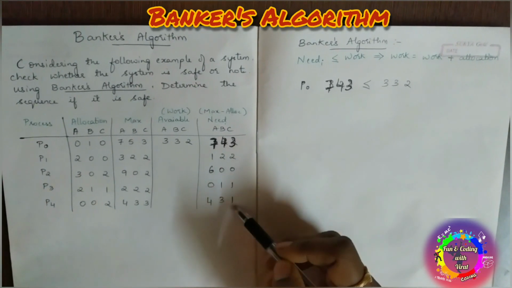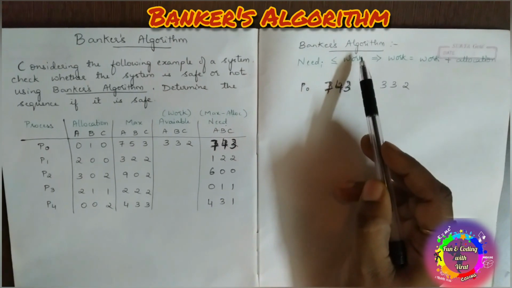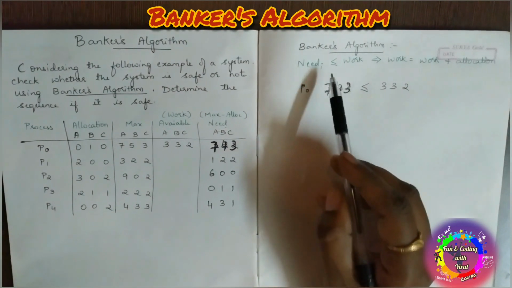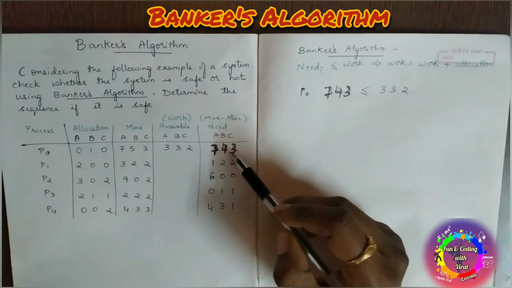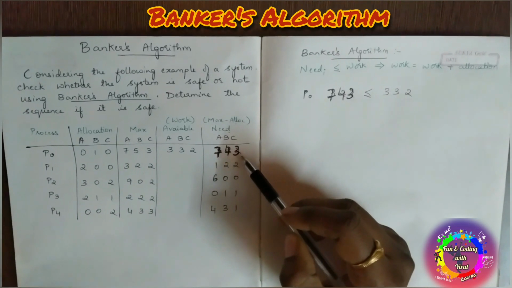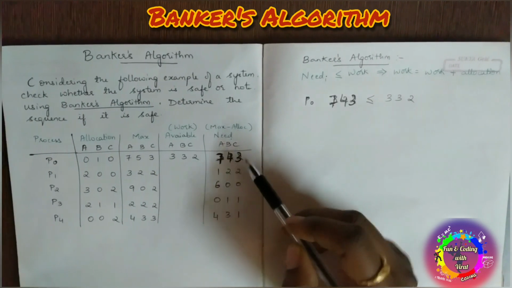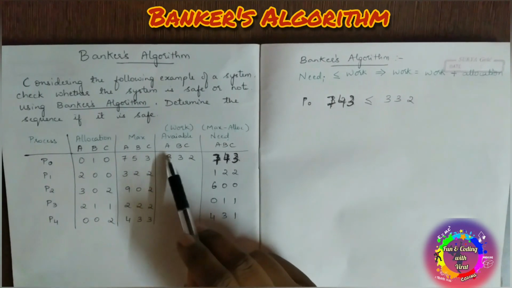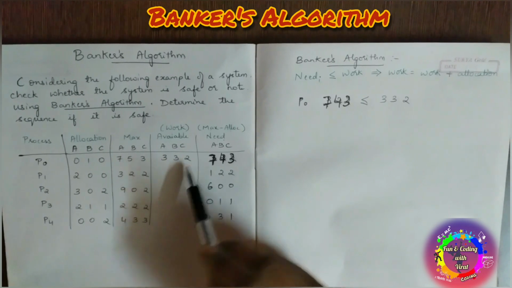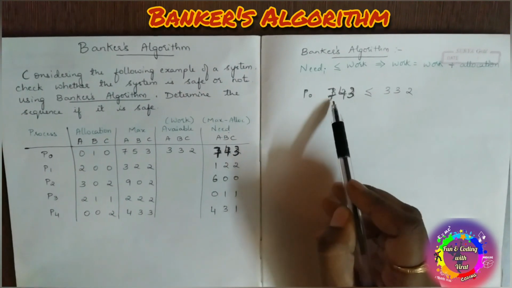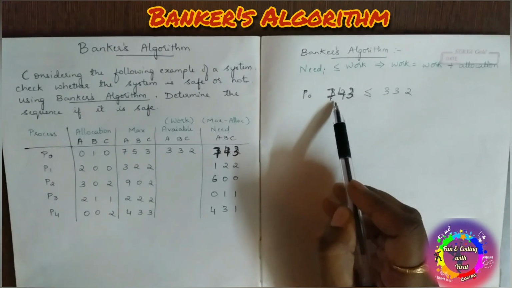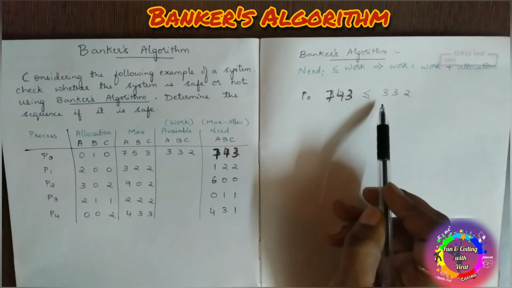Now, after calculating the need, using the Banker's algorithm, you need to check whether these are the number of resources that P0 needs to complete its work, and these are the available number of resources in the system. So using this formula, we'll see whether whatever P0 needs can be given by the system or not.